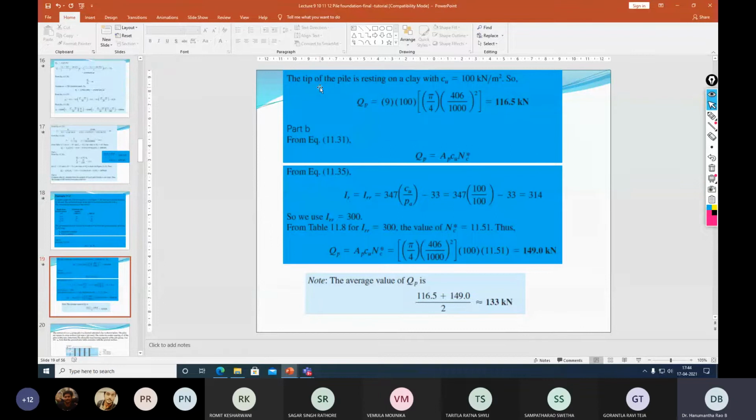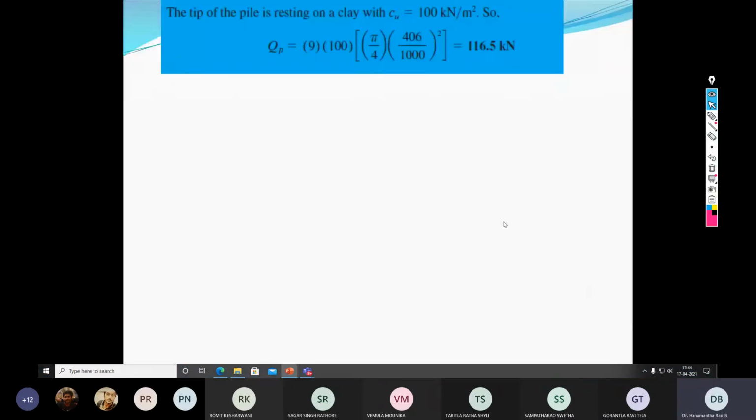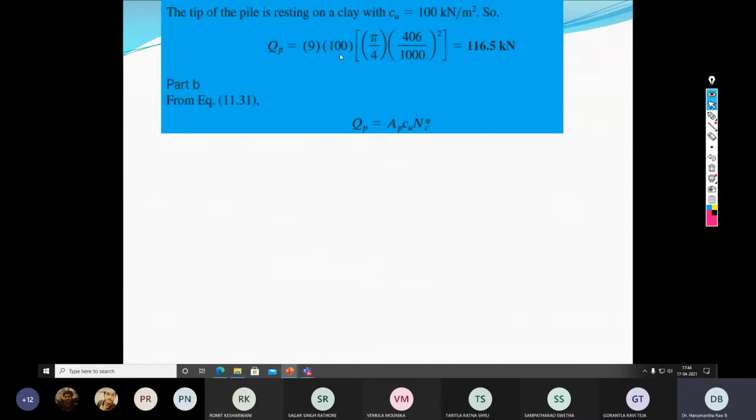So here the tip of the pile is resting on clay with Cu of 100 kilonewton per square meter. So Qp is nothing but 9, that is the Nc value, into 100 into pi by 4 into d square, so 116.5 kilonewton. Next, Vesic's method, same equation: Qp is equal to Ap into Cu into Nc star.